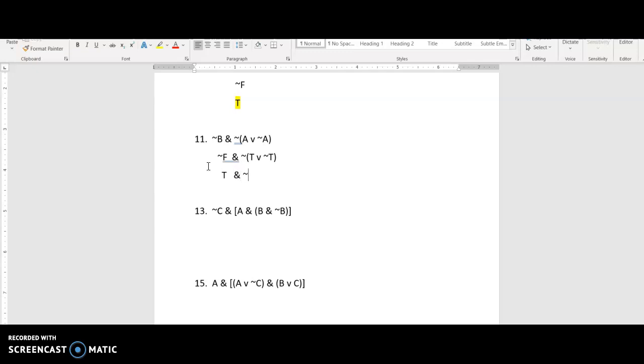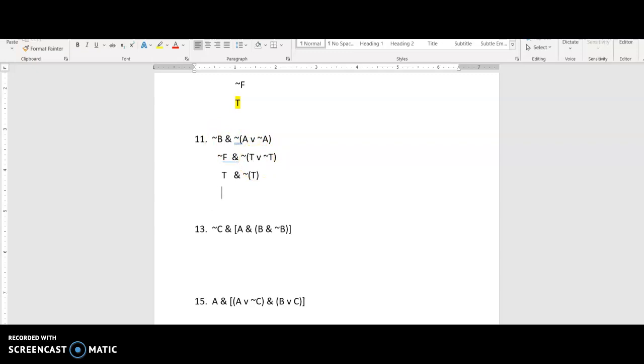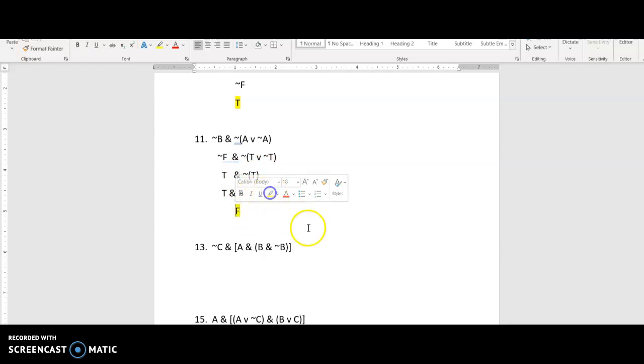And this is the negation of, again, as long as one disjunct is true, the whole thing's true. So inside parentheses is true. So now we have true and not true gives us false. And we know in a conjunction, if there's at least one false conjunct, the whole thing comes out false.